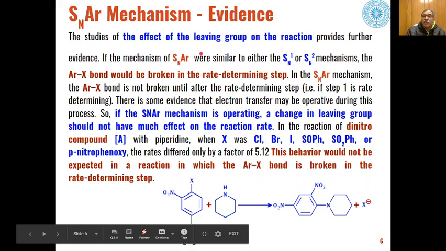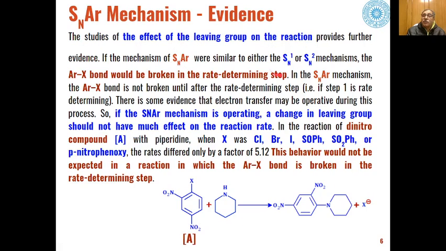Now if the mechanism of SNAr were similar to the SN1 or SN2 mechanism in aliphatic nucleophilic substitution, that means in those cases the Ar-X bond would be broken and it should be the rate determining step. And we know from the mechanism of SNAr that the breaking of this bond is not the rate determining step.